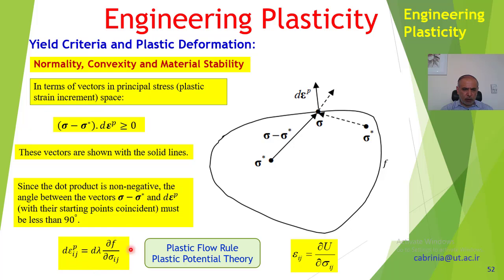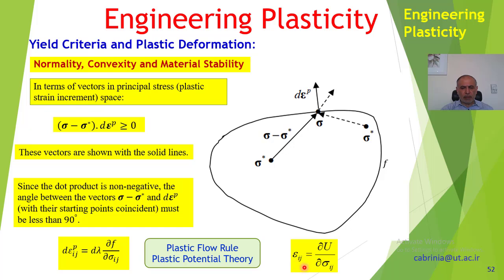We could substitute here partial u, partial sigma ij. It's the same thing as this. So if we put epsilon ij equal to partial u, partial sigma ij, this epsilon ij of course includes the elastic part, but the elastic part is very negligible. So this epsilon ij is equal to epsilon p.